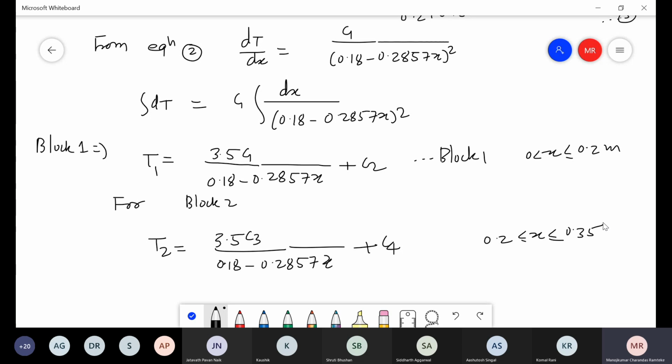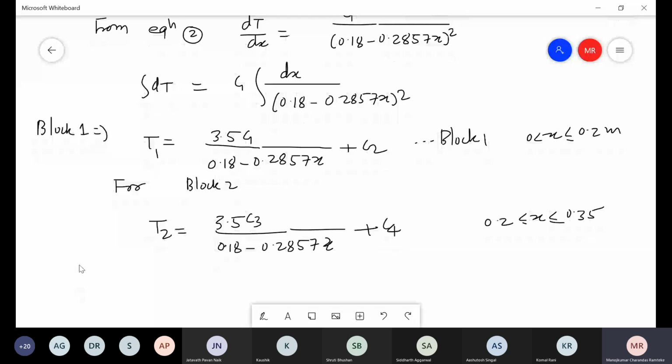So the continuity has to be maintained at the boundary of both layers. You have all the equations available with you. Find out C1, C2, C3, C4.